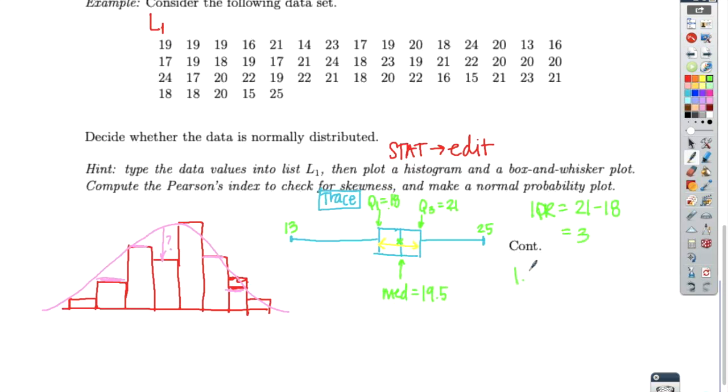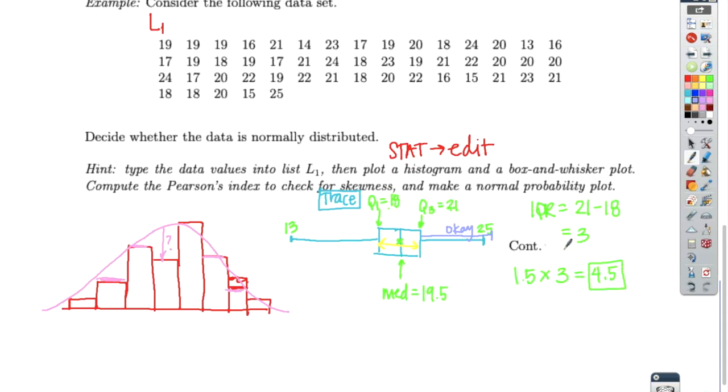Then 1.5 times the interquartile range is 1.5 times 3, which is 4.5. That's important because that gives us a limit for outliers. It tells me that 4.5 here is okay. Anything in here is okay.